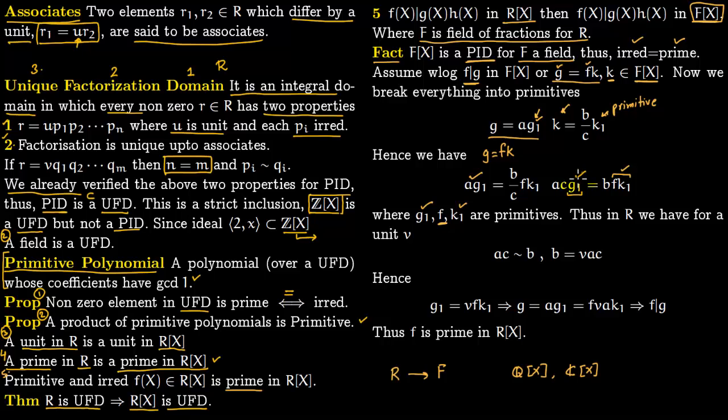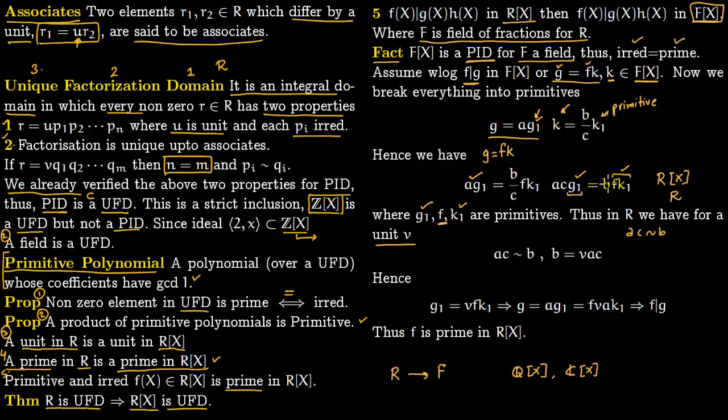If you go from R[x] back to R, that means ac is an associate of b in R. So if you forget these primitive polynomials, there is a unit v such that b equals v a c.